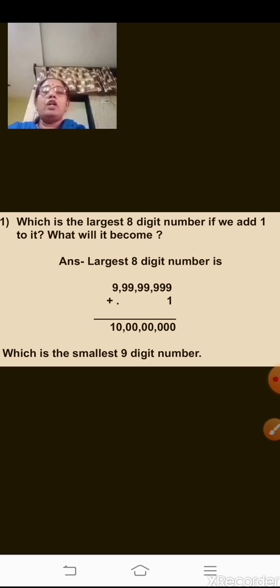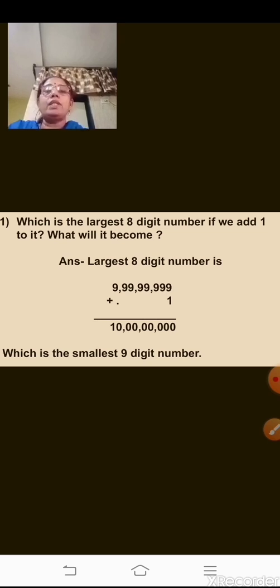Now the first question is, which is the largest 8-digit number, and if we add 1 to it, what will it become? We have already learned the 5-digit largest number and the 6-digit largest number, correct? Now here it is the 8-digit largest number.